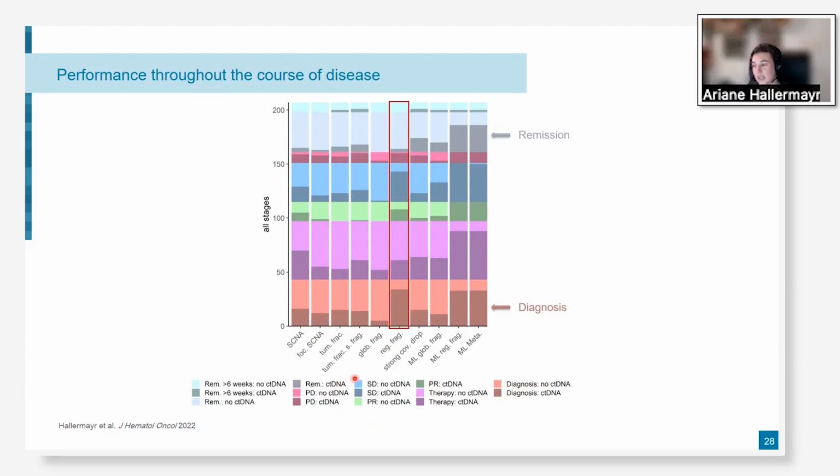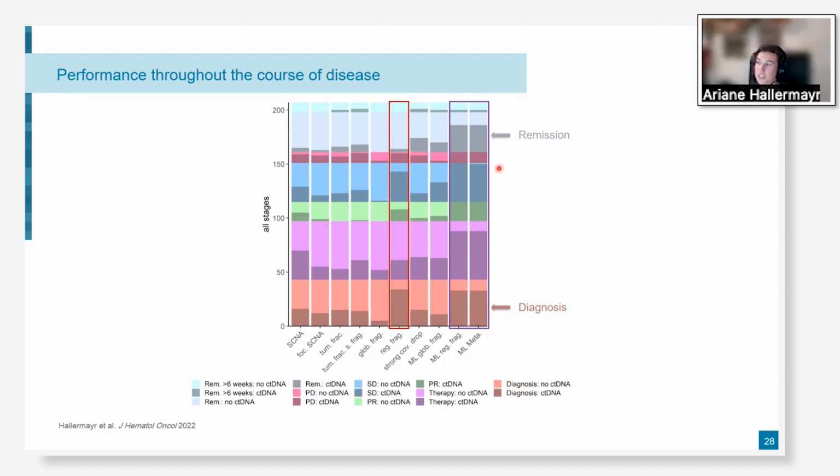And I'd like to emphasize here that regional fragmentation was identified in this cohort to be the cfDNA feature with the highest sensitivity for ctDNA detection, as you can see here. And with the machine learning classifiers based on regional fragmentation and the meta-learner, a similar high sensitivity could be observed for samples collected at diagnosis.